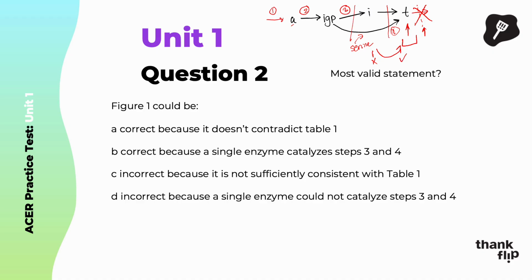If this step doesn't work, who cares if you can't build tryptophan? It doesn't really matter because you're being supplemented with tryptophan so you can live, right? And so that's why this figure still makes sense. It's not contradicting the table.